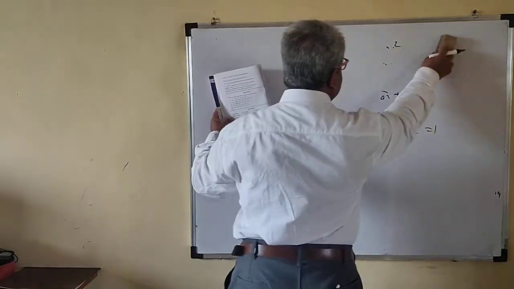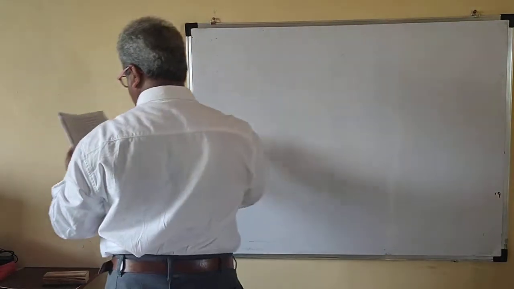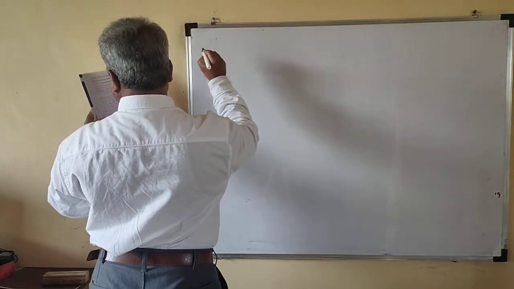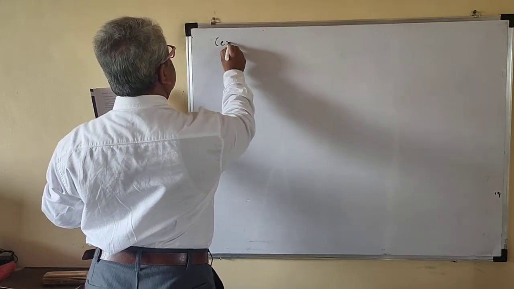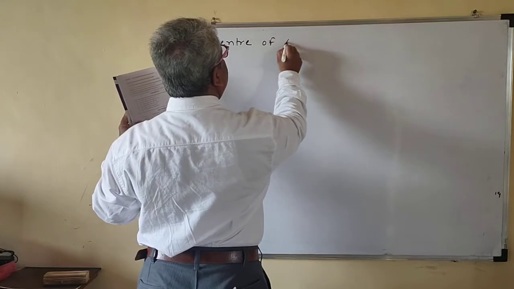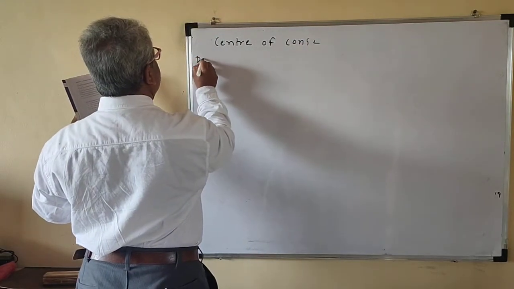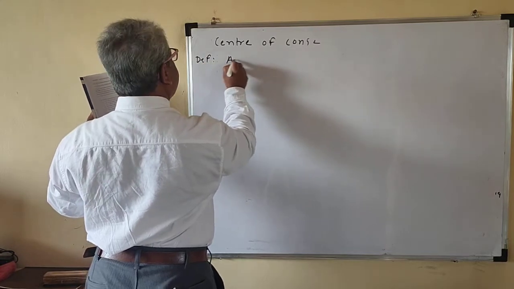Okay. So reduction. Next point is what? Reduction. So before that, we will see the center of conic. Okay, so the definition we will write first.